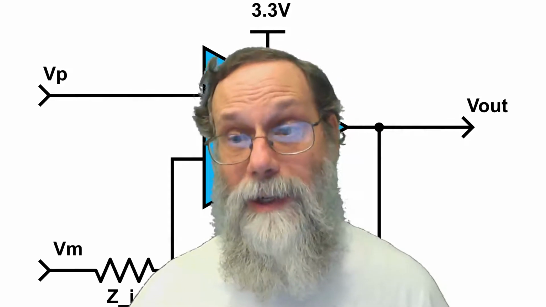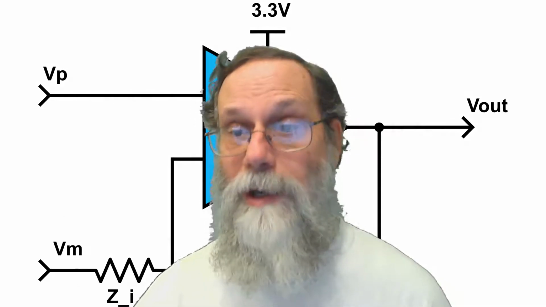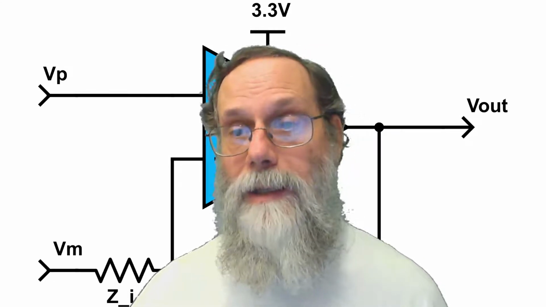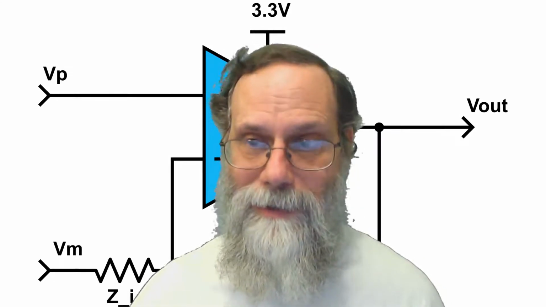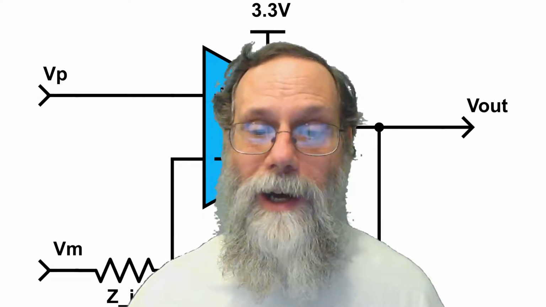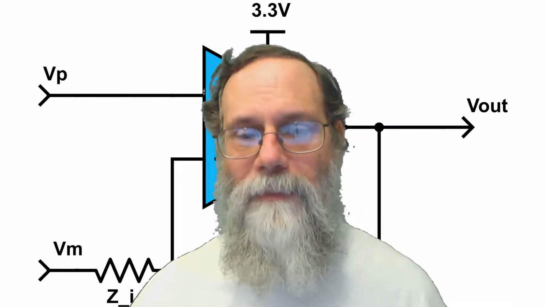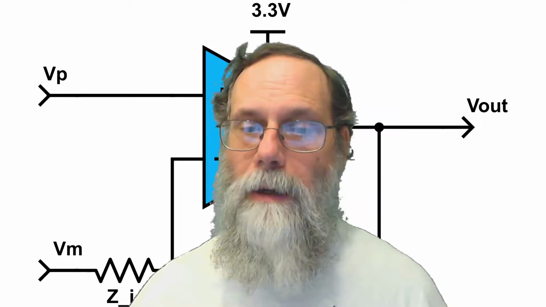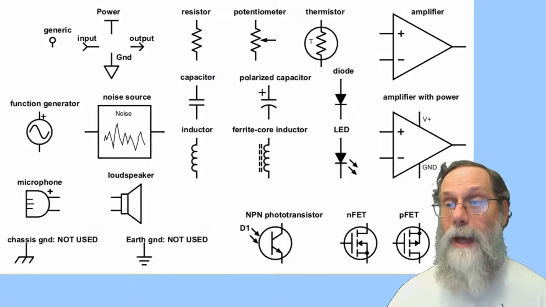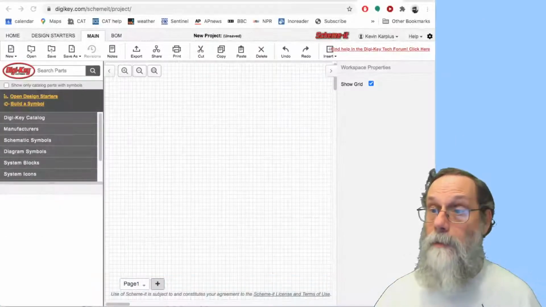Now, this schematic is not going to include the screaming mouth, because that is not something that SchemeIt can do. I put that in afterwards, and I'm not going to be showing that. So we're going to be taking these symbols and putting them in the schematic with SchemeIt.